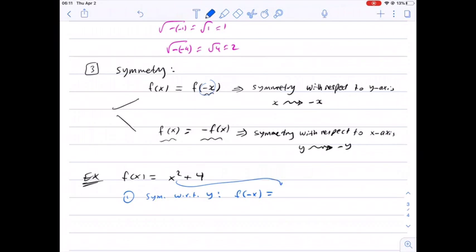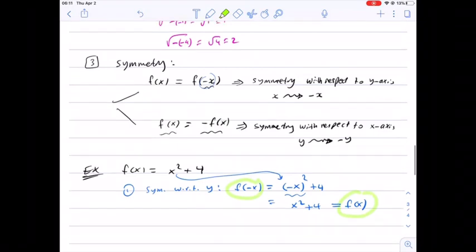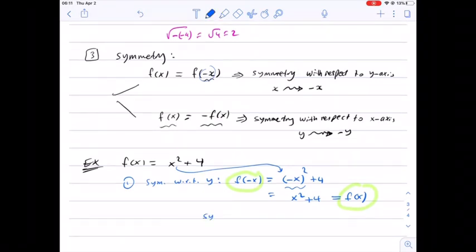So f of negative x is, now we substitute here, negative x squared plus 4, but negative x squared is the same as x squared because a negative sign with an even power gives a positive, plus 4. This is nothing but the original function. So f of negative x gives me f of x, and that means we have symmetry with respect to y.